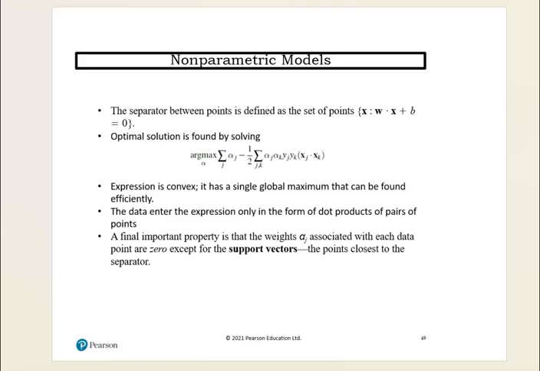Essentially we use an alternative representation called the dual representation, in which the optimal solution is found by solving this equation. So find the maximum by changing alpha such that the sum of alpha, where the alphas correspond to the number of dimensions of the feature vector, minus half this summation right there.